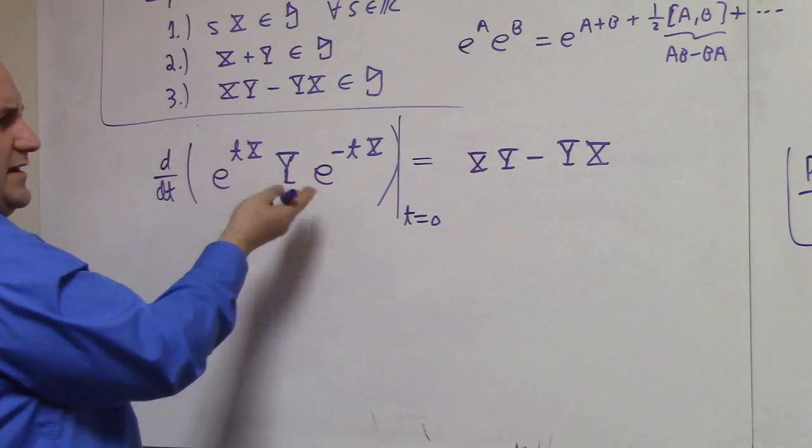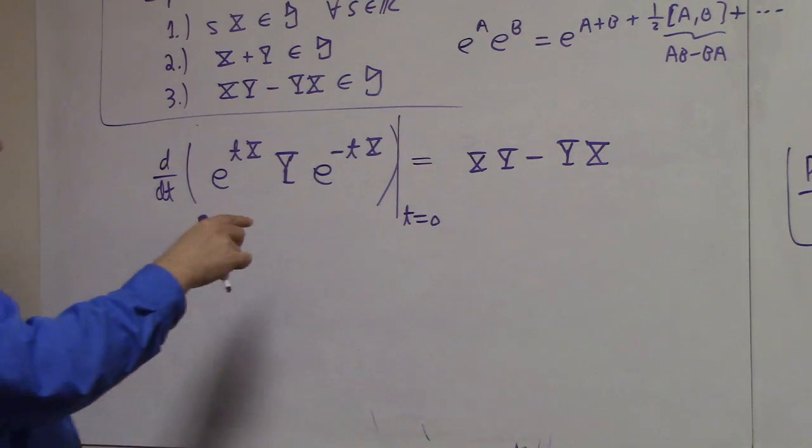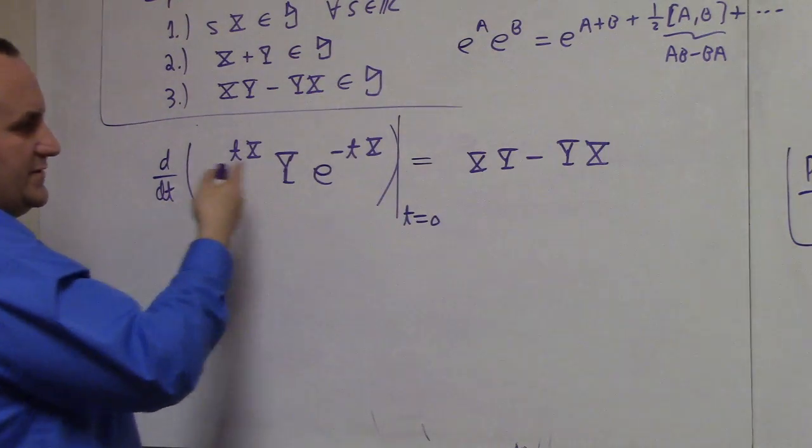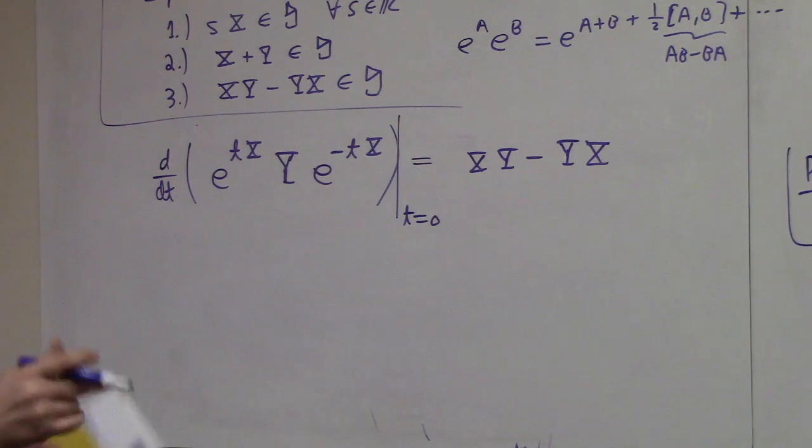Isn't this in the Lie algebra not just for one time but for all time? Yeah, so that's actually a curve in the Lie algebra, for all t. I mean, a is equal to t e to the tx. I can do that for arbitrary t. So what's his argument here?